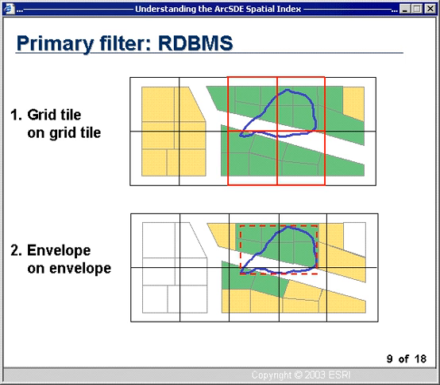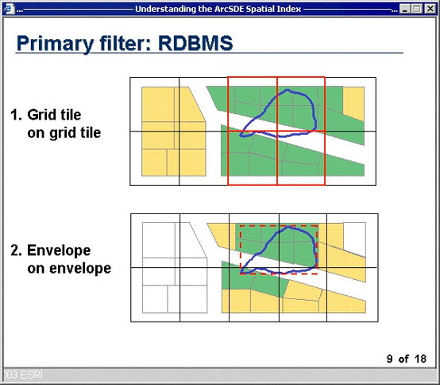When it knows the IDs of those grid tiles, it formulates a query for the database that says, find all of the records in the spatial index table that have the same matching grid tile IDs. So this is a grid tile to grid tile search. We find the grid tiles that the spatial query filter hits, then we go find the corresponding grid tile records from the spatial index table.